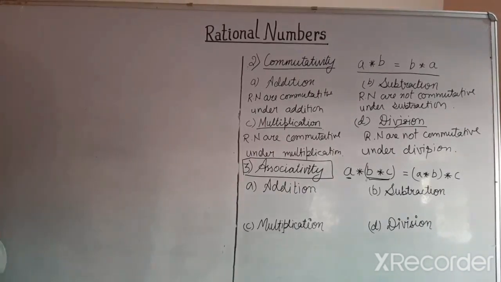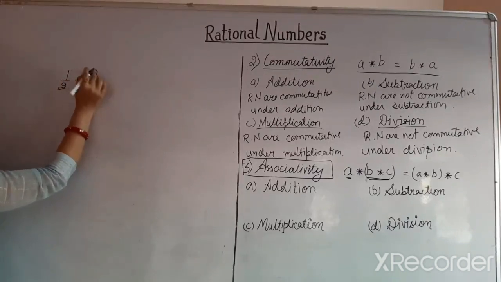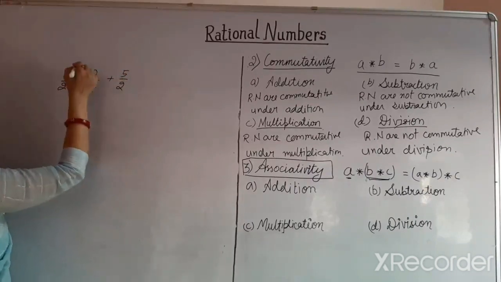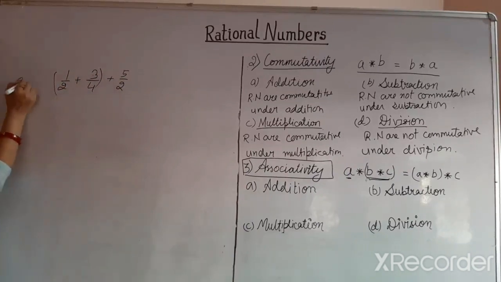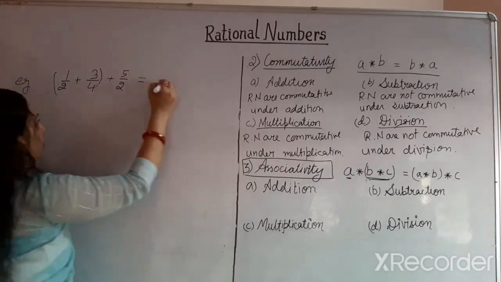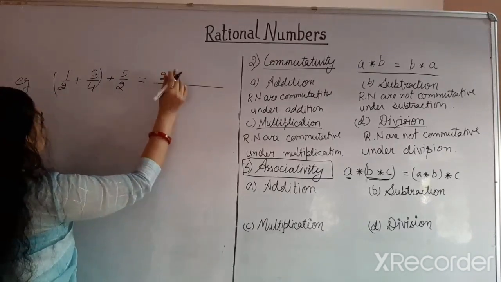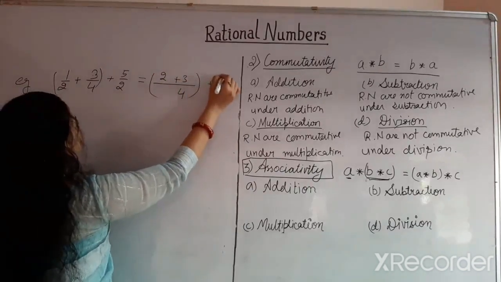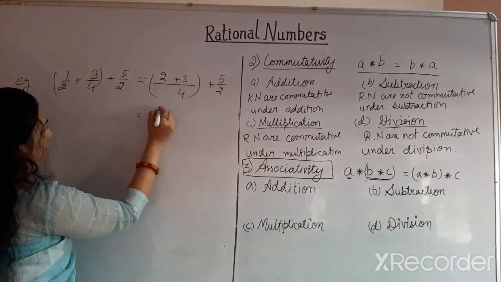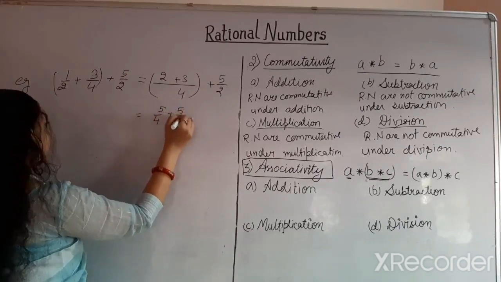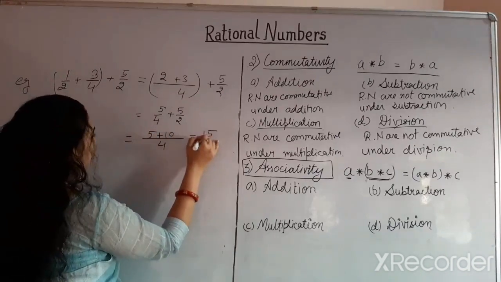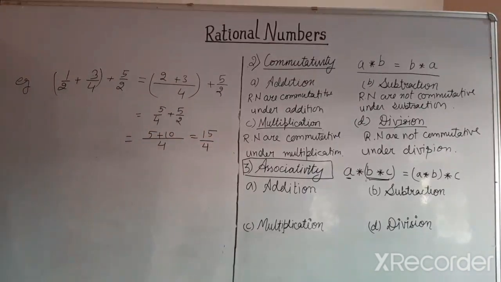Let's check it. If we add any three rational numbers, what would be the result? LCM is 4, plus 3, again LCM 5 plus 10, it will be 15 upon 4. Now let's change the sequence.